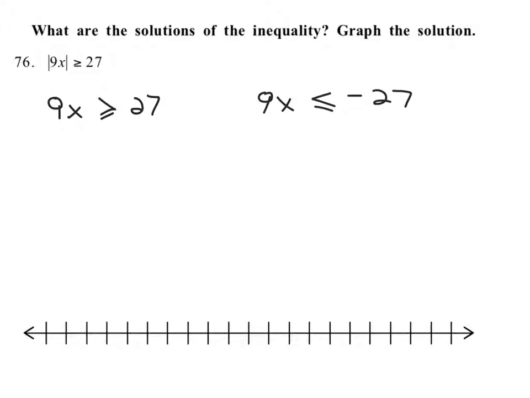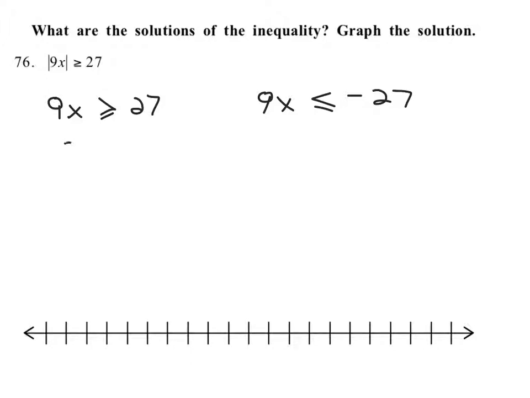So for absolute value inequalities, once you get it down to just the absolute value bars and nothing else going on outside, you take what's inside, you write the inequality the same way it is, and you take the number on the other side, same way it is. Stay the same, stay the same. For the first one, they both stay the same. For the next one, you take what's inside again, but this time you change both. You change the direction of the inequality and you change it from a positive to a negative.